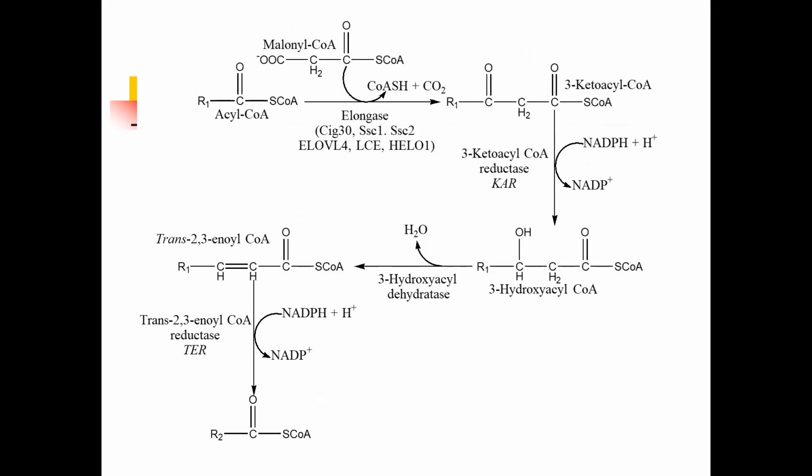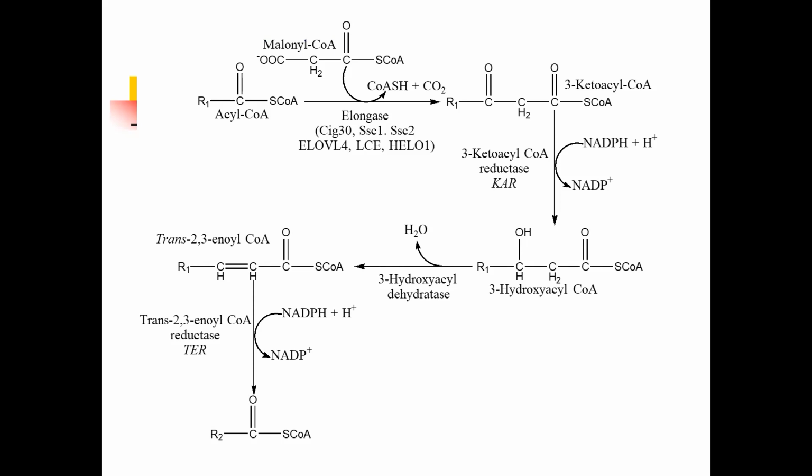So elongation, again, your donor is still malonyl coenzyme A. These elongases are specialized for fatty acids of different lengths. Your reductase doesn't really matter what the substrate is, because the reductase is just dealing with this end. It converts the 3-keto or beta-keto acyl into the 3-hydroxy acyl.